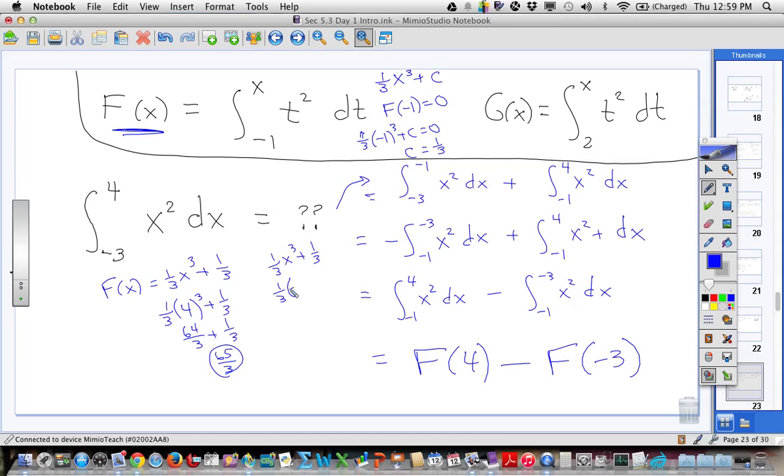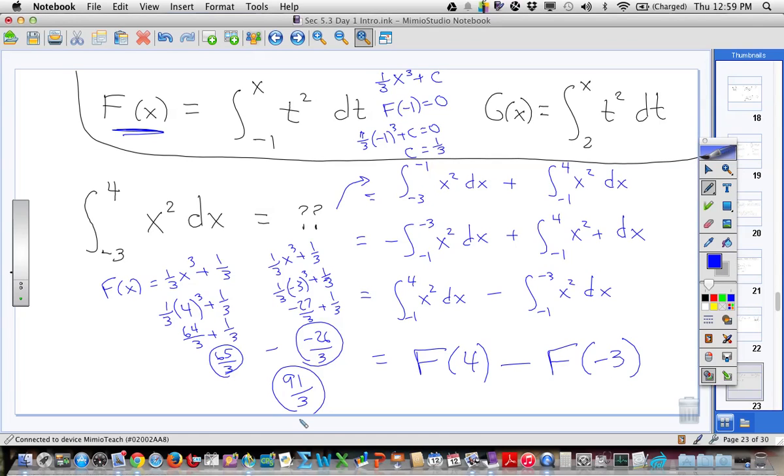So 1/3 of negative 3 cubed plus 1/3. That'd be what? Negative 27 thirds plus 1/3, which is negative 26 thirds. And then I want to subtract those. Well, that'd be 91 thirds.